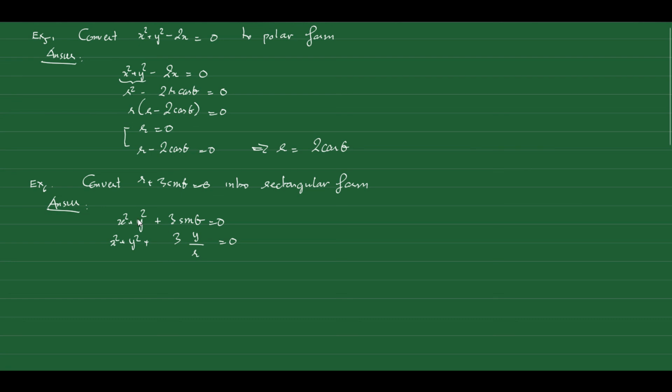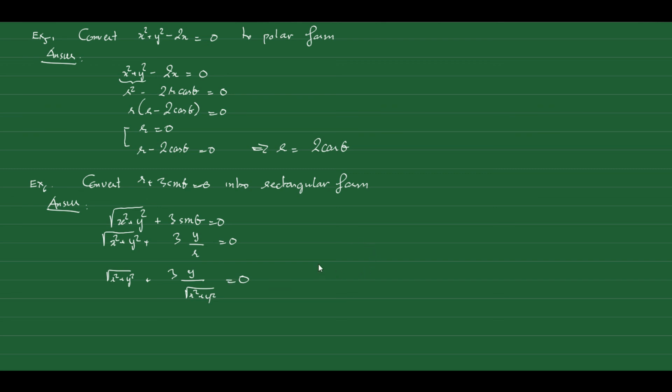So r will be the square root of x squared plus y squared. So we've got to keep going. So we see that the expression will be the square root of x squared plus y squared plus 3y equals 0.